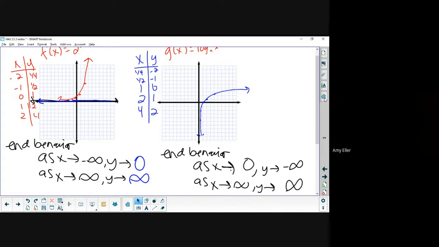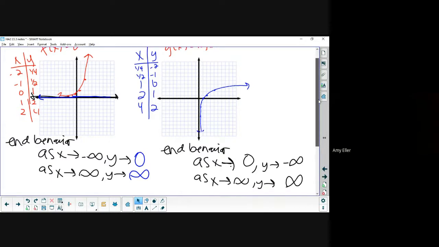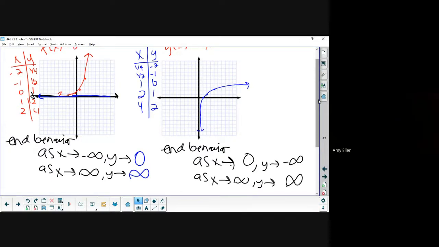I believe the last thing is asymptotes. I think we've only talked about what we call horizontal asymptotes.